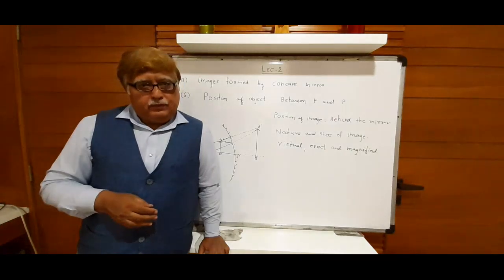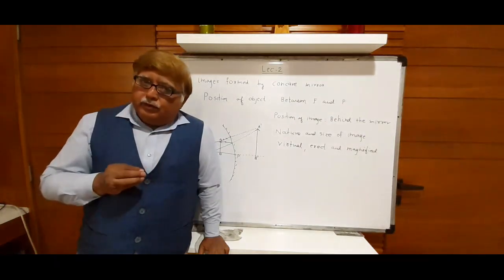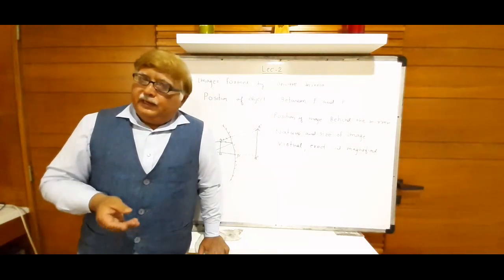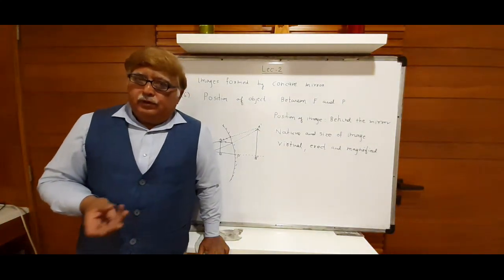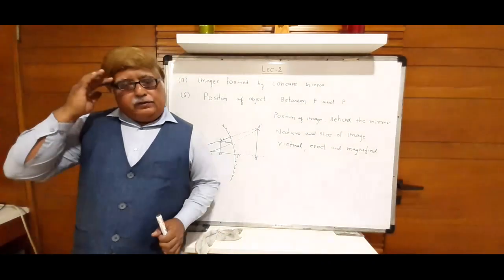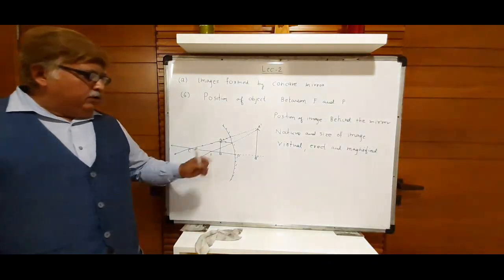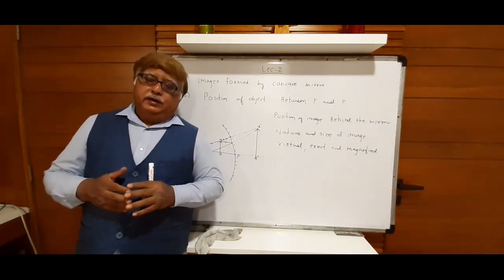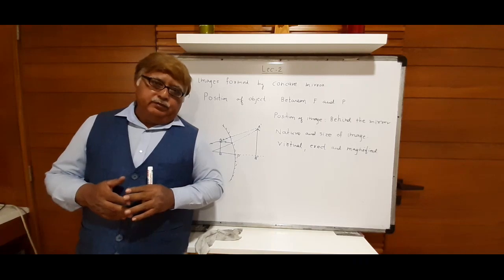Next, the object was kept at F, at focus, and what is the type of the image? Real, inverted and larger. And then the last diagram: the object is between pole and focus, and what is the type of the image?